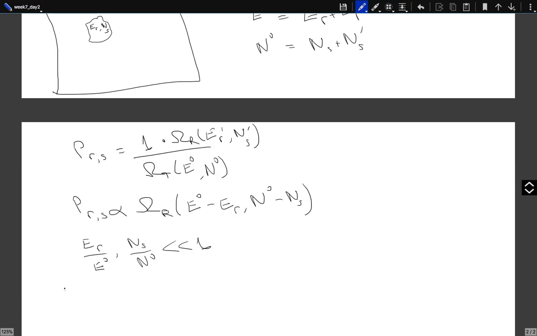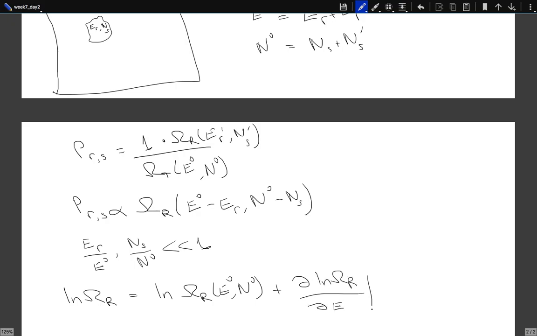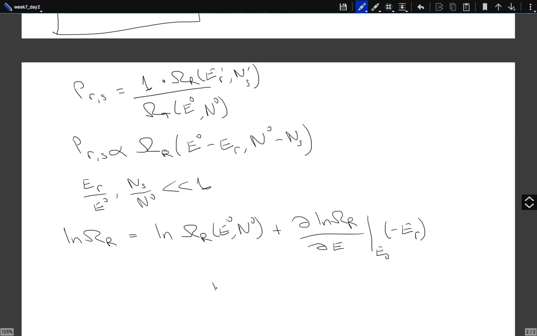Well, logarithm of omega r is just logarithm of omega r for the values E0 and N0, plus the derivative of the logarithm of omega r with respect to E evaluated at E0 multiplied with minus ER, plus the derivative of the logarithm of omega r with respect to N evaluated at N0 multiplied with minus NS.